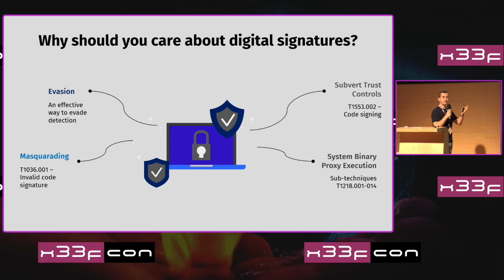Some of the MITRE techniques that we can see that use digital signatures are masquerading. So you can append a digital signature to a file, just any digital signature. The file will show up as having a digital certificate, even though this digital certificate is not valid, it will also show that. There's code signing.